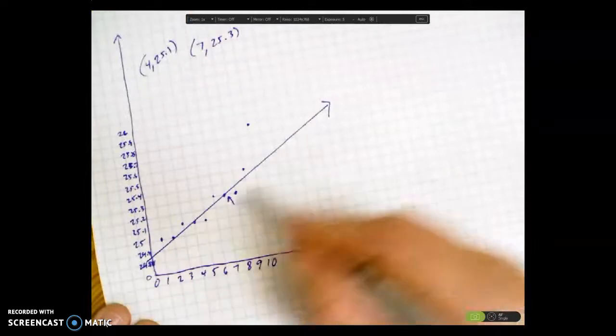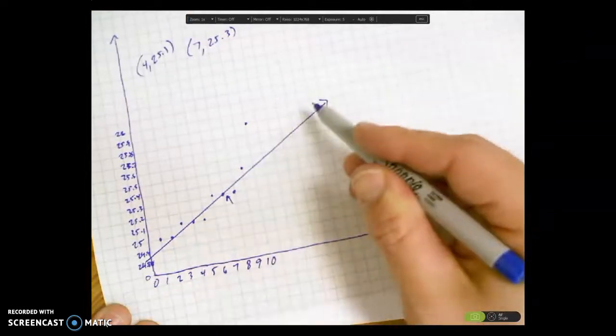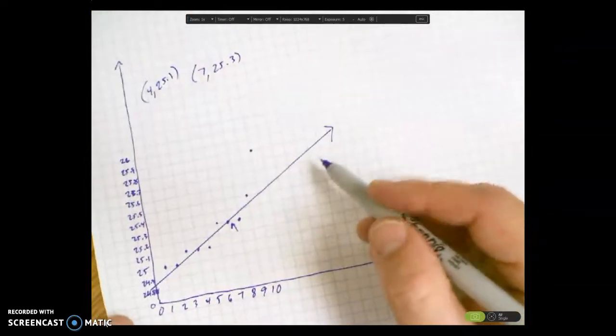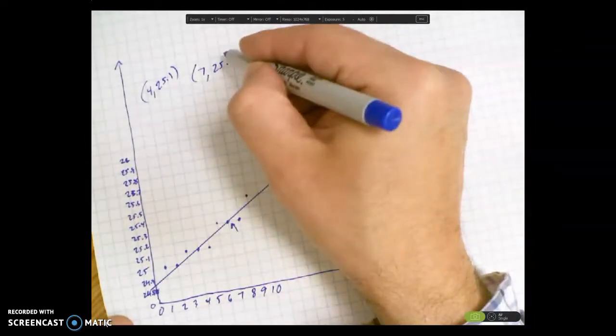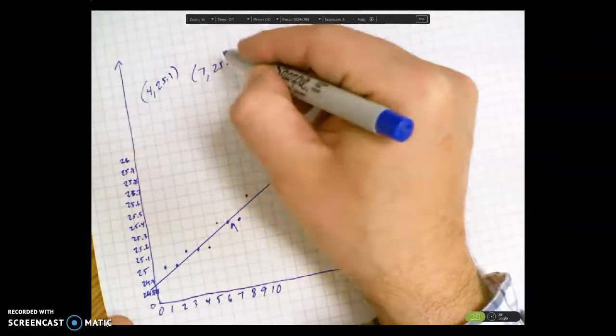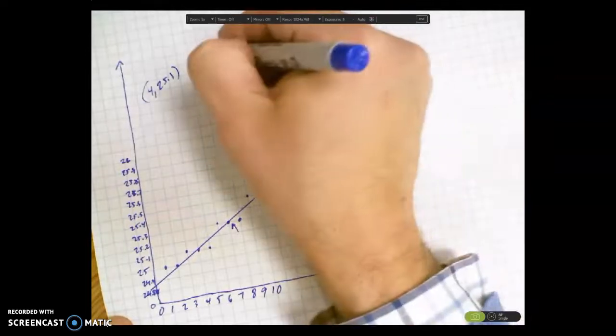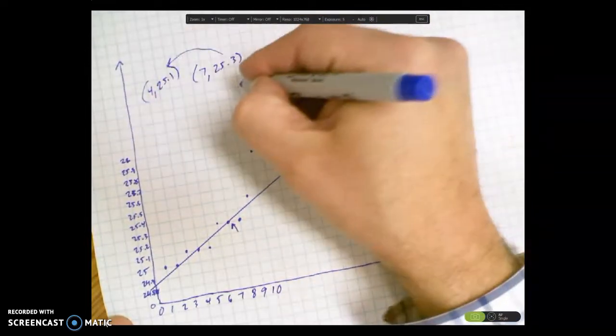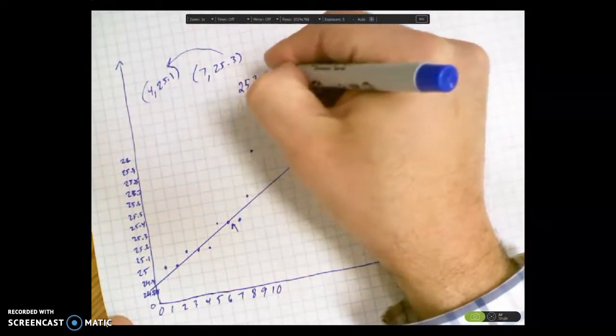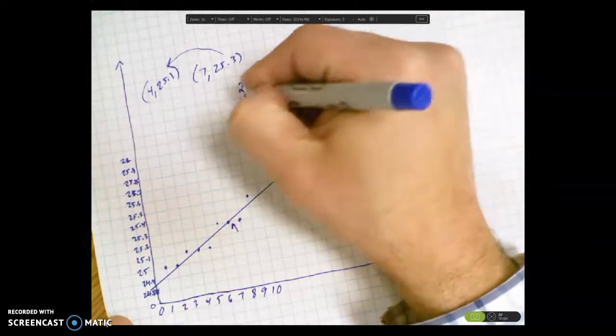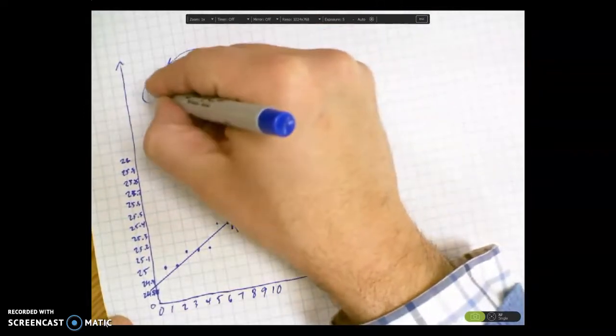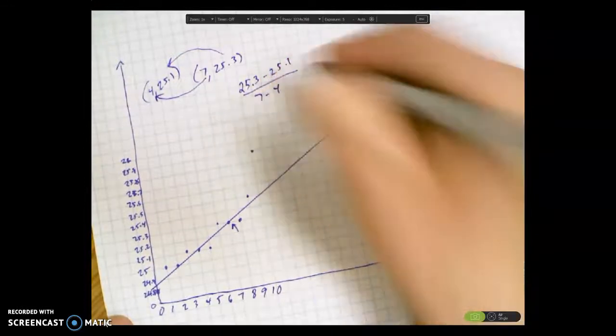And my job right now is to try to come up with the equation for this line. So just like we've been doing for the past couple of weeks, we're going to use the slope formula. Okay, so I'm going to subtract the y values, 25.3 minus 25.1, over, and I'm going to subtract the x values, just to be consistent, 7 minus 4.